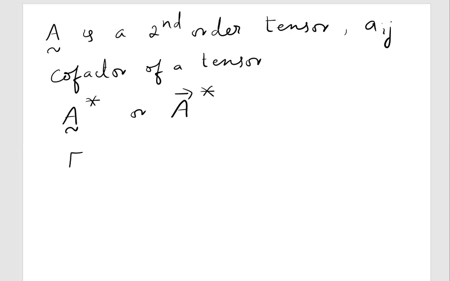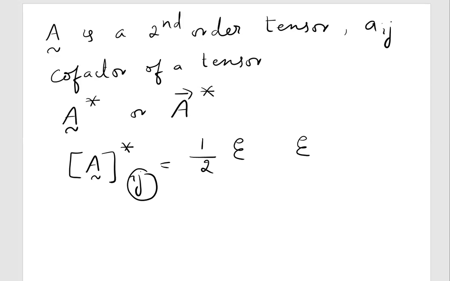by A star ij are given by half, 2 epsilons, 2 permutation symbols, right? So ij here, so i for 1 epsilon and j for another epsilon.